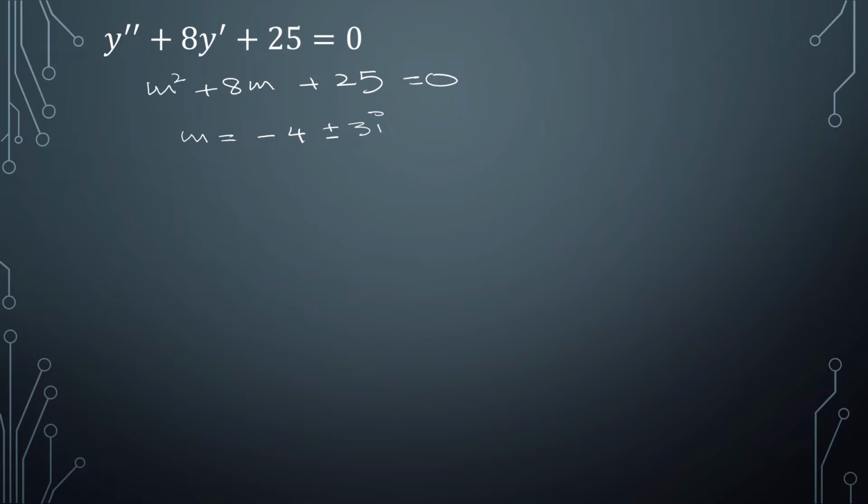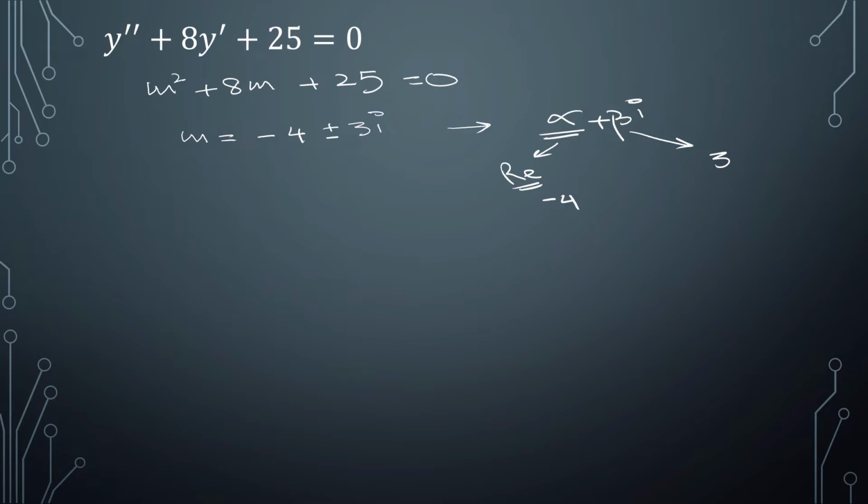Here it is very clear that you have got complex roots in the form of alpha plus beta i. So alpha is the real part, which is -4, and beta is the imaginary part, that is 3.